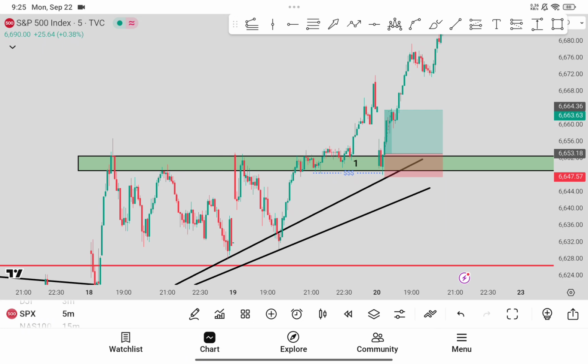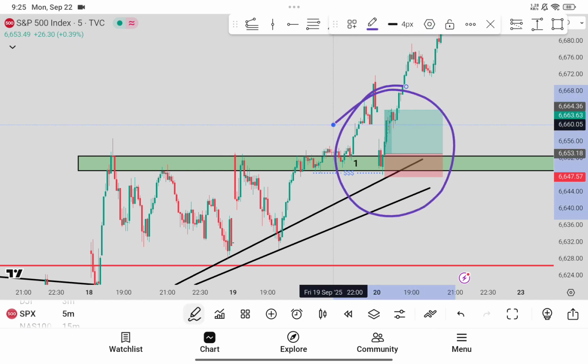Almost all the indexes hit the target, but I missed those two or three trades in Nasdaq, Dow Jones and German 30 because I was focusing on this trade.